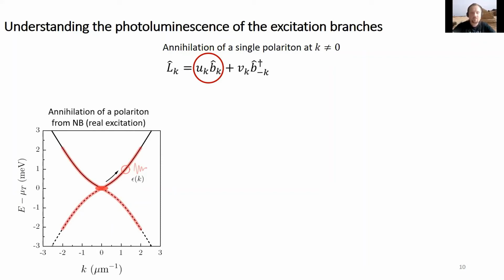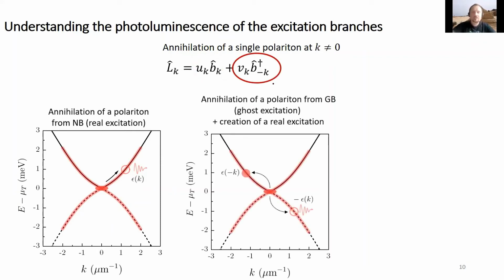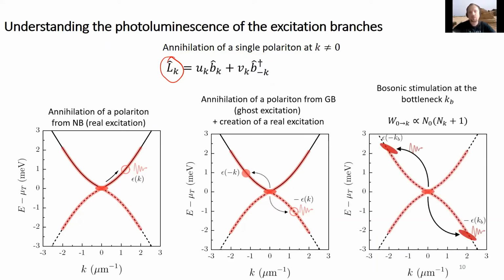However, the second part of the Bogoliubov transformation shows that annihilation of a polariton is with simultaneous creation of a real excitation. So the appearance of the ghost branch is simultaneous with a creation of another excitation in the normal branch. However, because both branches are occupied, one can also expect stimulated bosonic scattering to these macroscopically occupied states, highly excited at high energies.